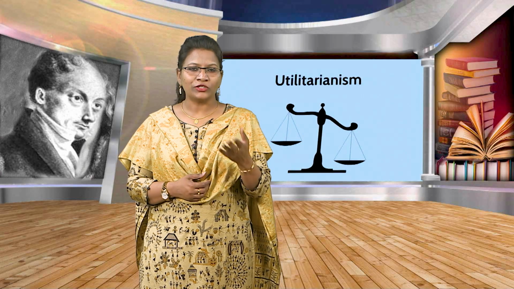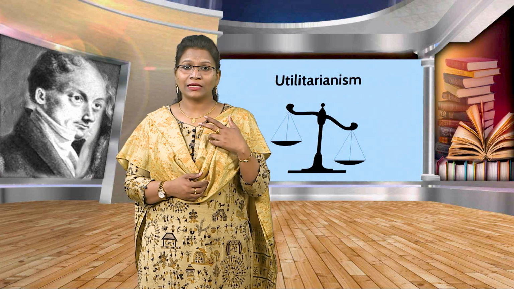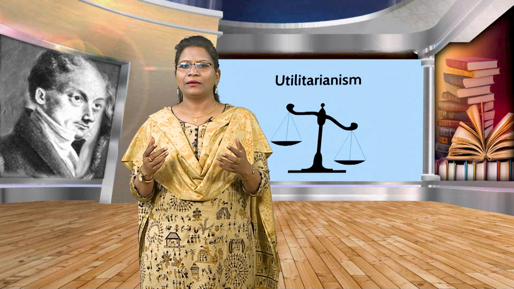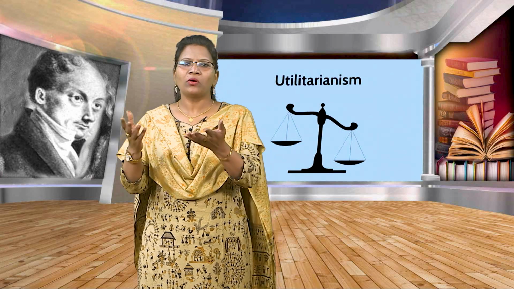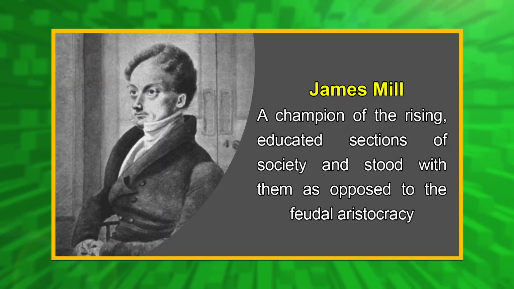He saw education, hard work, intelligence as contributing to the merit of a person rather than birth or belonging to an exalted family line. He was therefore a champion of the rising educated sections of society and stood with them as opposed to the feudal aristocracy.